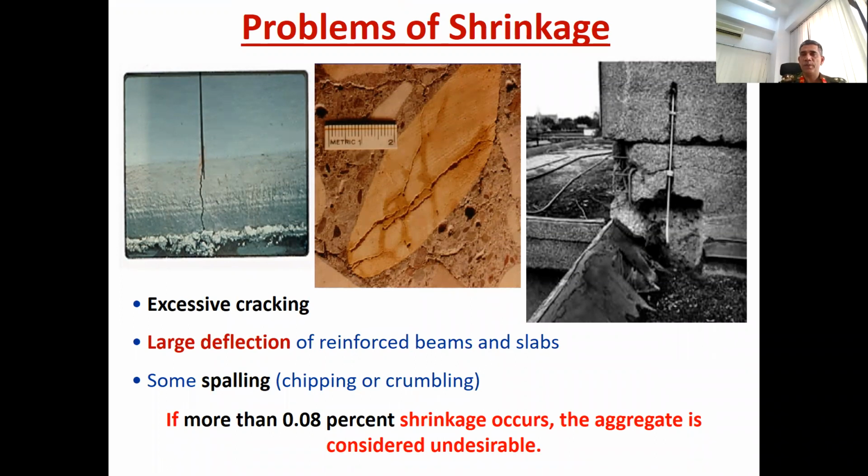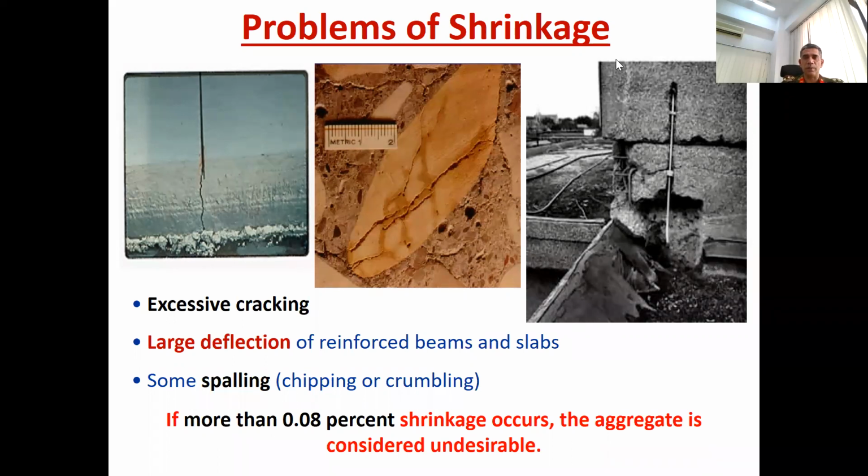Sometimes in some buildings you can see the concrete coming out of the structures. That is called spalling, chipping or crumbling. If the shrinkage percentage is more than 0.08, the aggregate will be considered unreliable. That is how shrinkage is important.